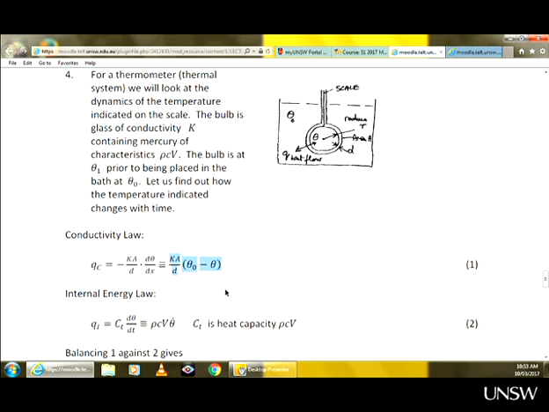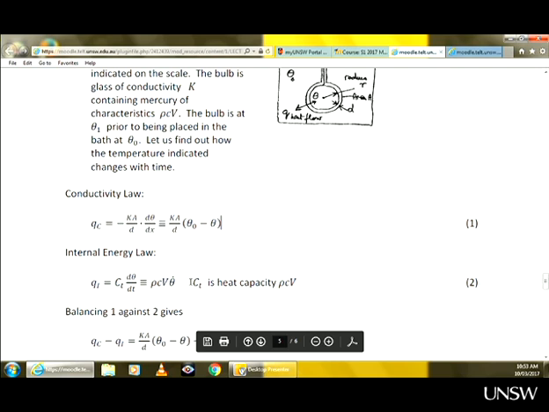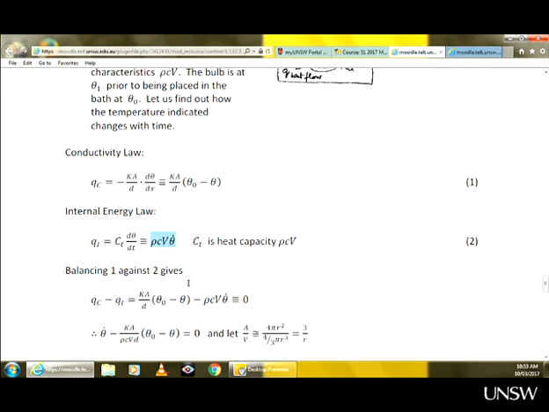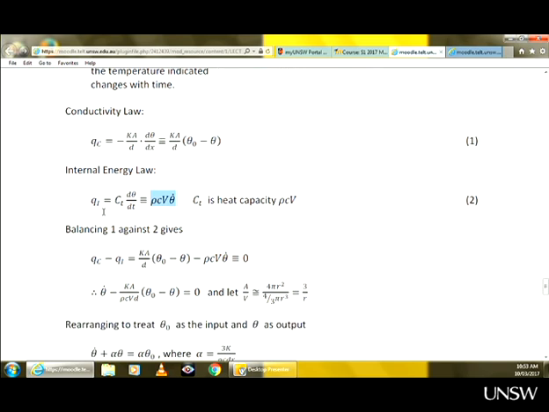Okay. And internal energy, the rate of change of internal heat, is this, rho Cv theta dot, where theta is the temperature of the mercury. These two heats have to be the same, as we said earlier. So this will give us this equation.